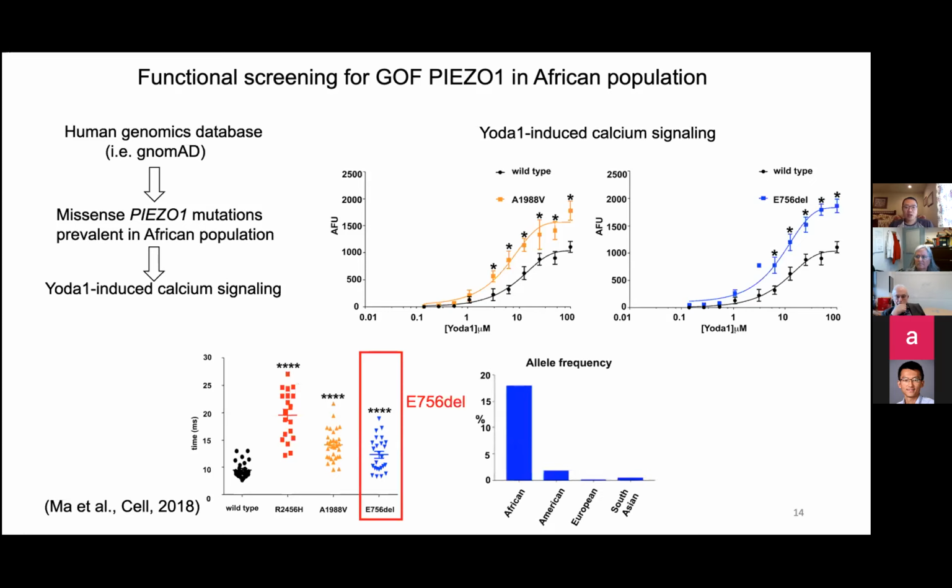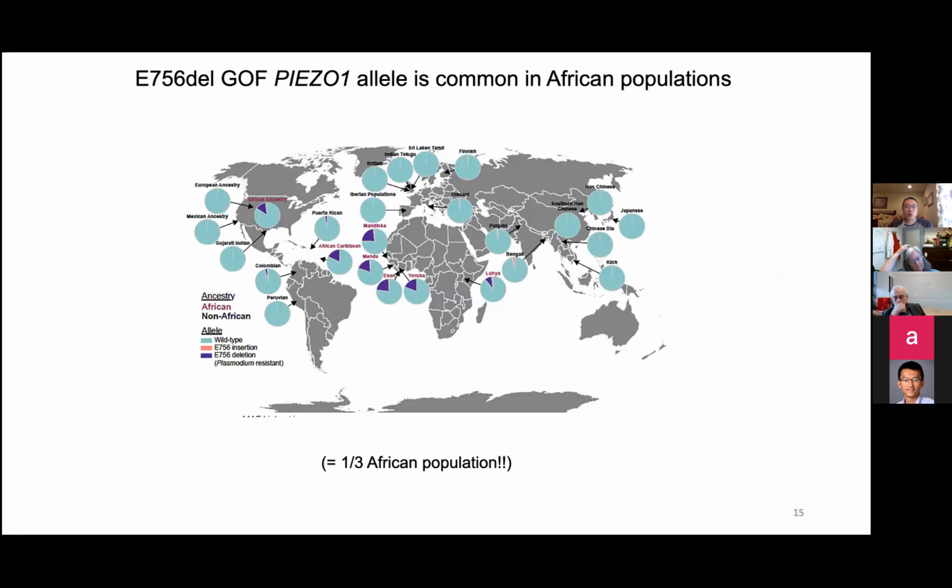And amazingly, one of these mutations, E756del, which deletes a single amino acid from the protein, has a very high allele frequency only in the African population, but not in other populations. This result itself is very surprising, because when translating into genotype frequency, that means one third of major African populations, including African Americans, carry at least one copy of this allele in their genomes.